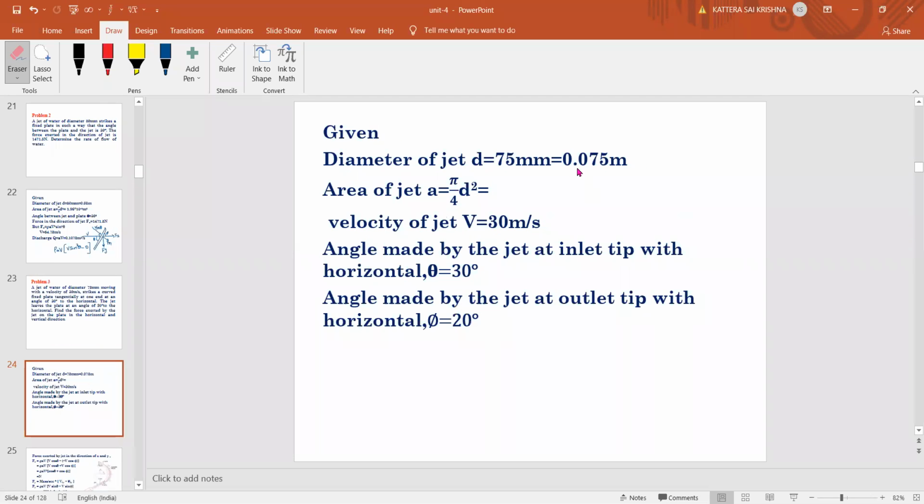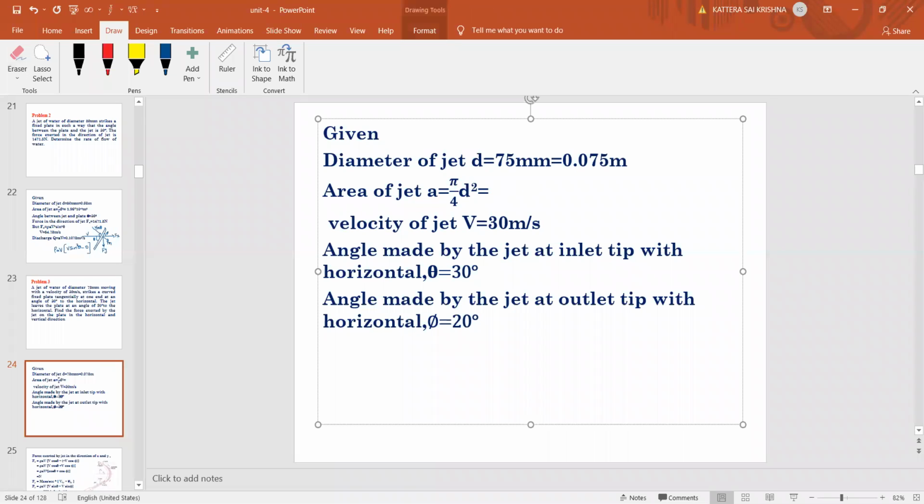Please copy that. So d equal to 0.075 meter. And the area of jet small a equal to pi by 4 d square. So calculate the area here. So pi by 4 into 0.075 square.